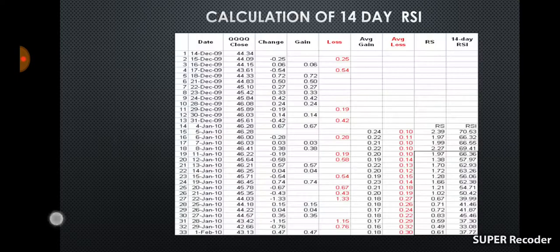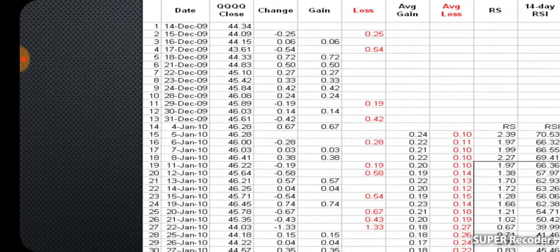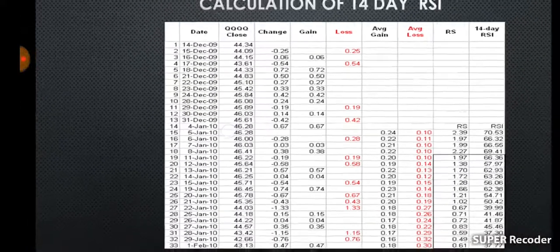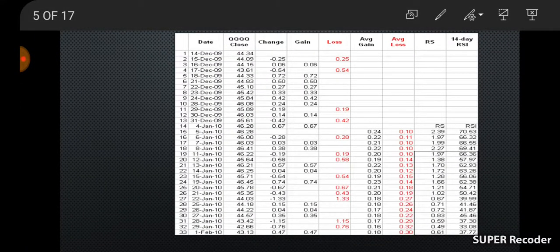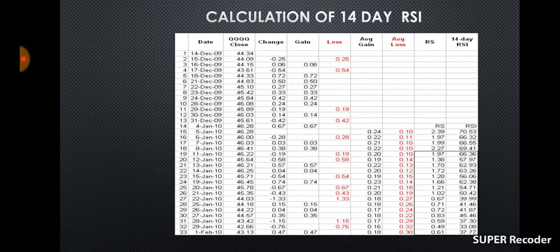Okay, so let's have a look at an example. In this calculation of a 14-day RSI, here we have the dates, the closing prices, and the change in the closing price. The first day's closing price is 44.34 and the second day's closing price is 44.09.